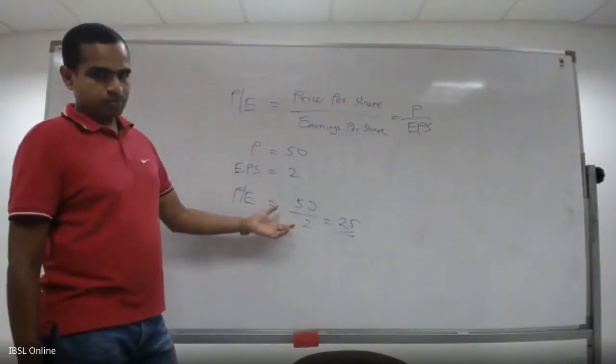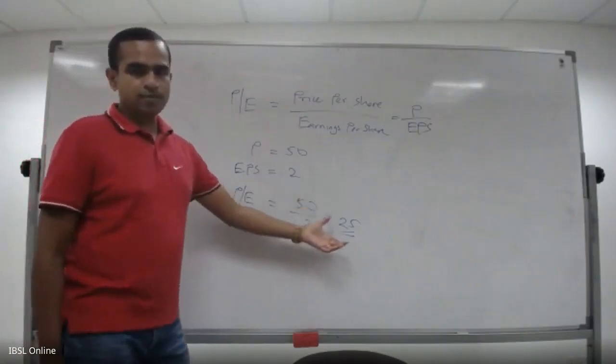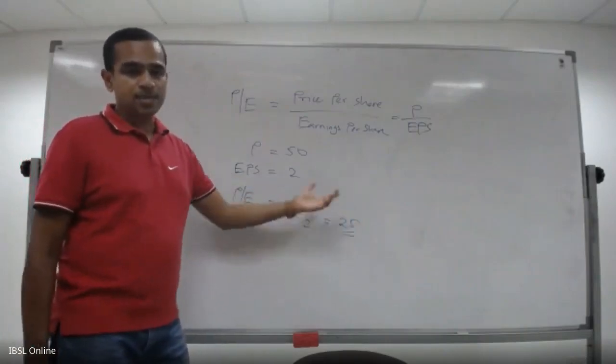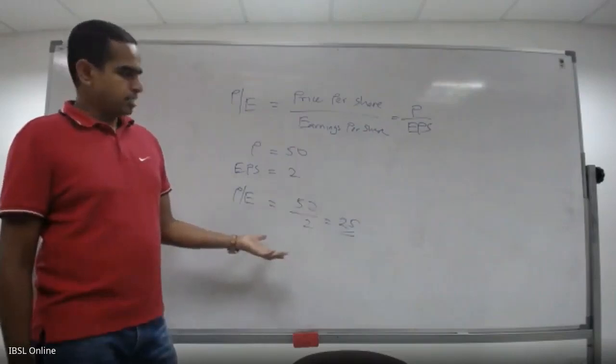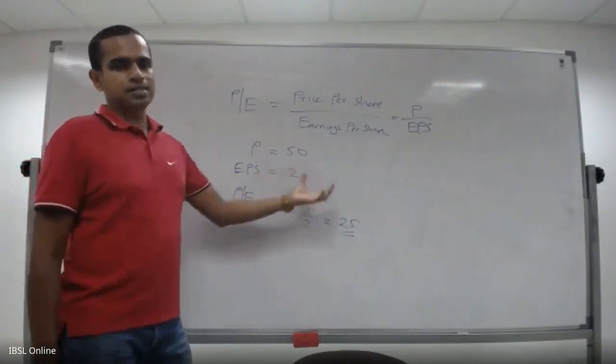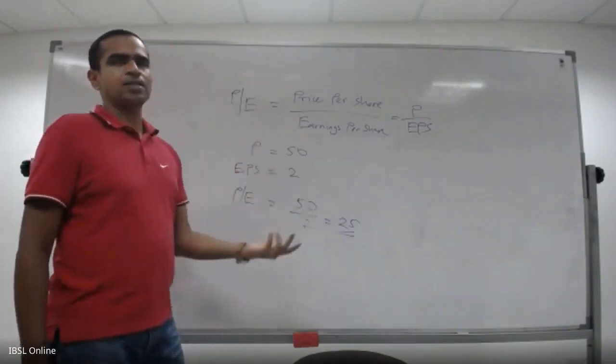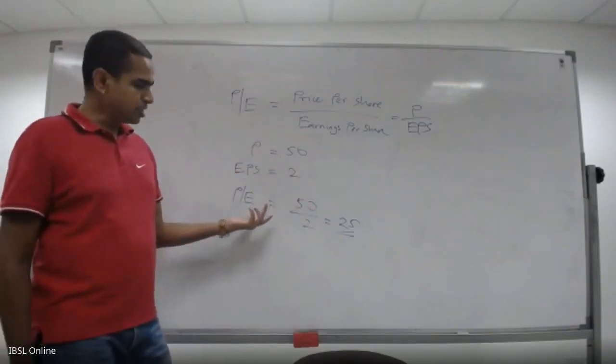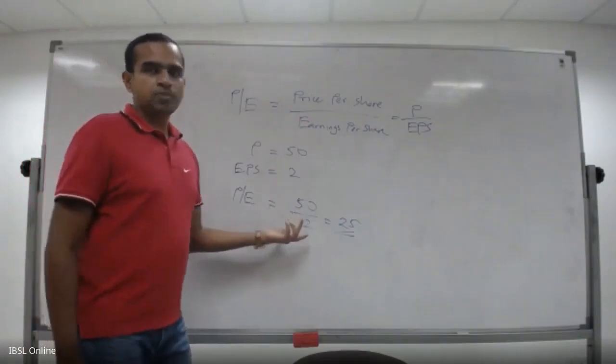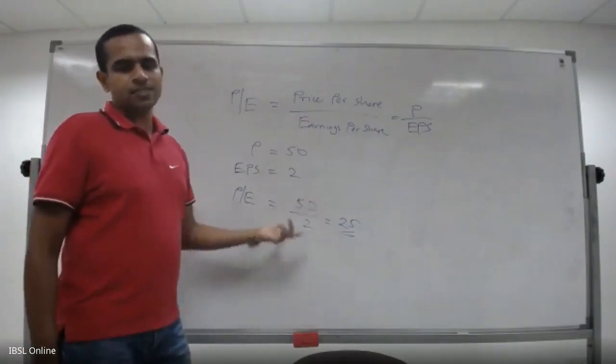Because the industry is going at 50. MK is 25, and if MK is as good as the industry, that means the profits that they generate are in line with industry standards. So the earnings per share they give should be in line. They are as efficient as the industry.